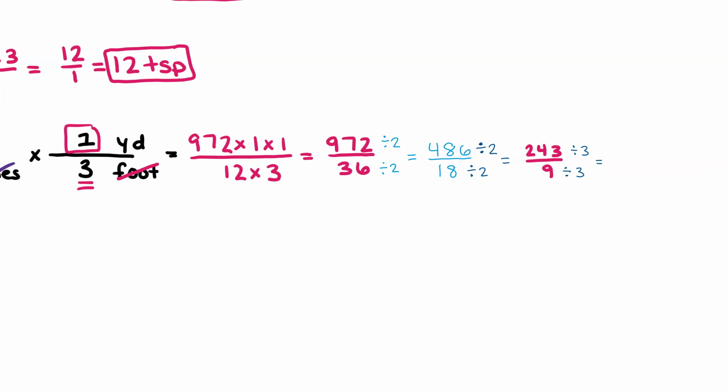So 3 goes into 24 8 times, and 3 goes into 3 once, and then 9 divided by 3 is 3. And it turns out 81 is also divisible by 3. So we'll divide by 3.